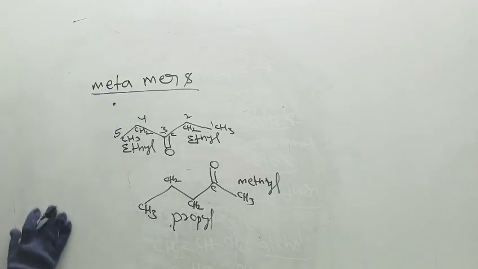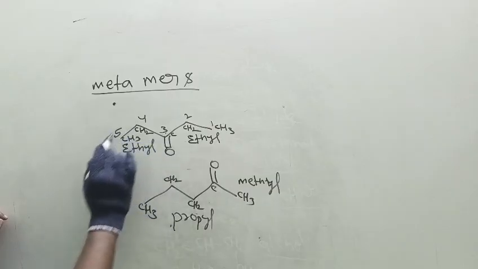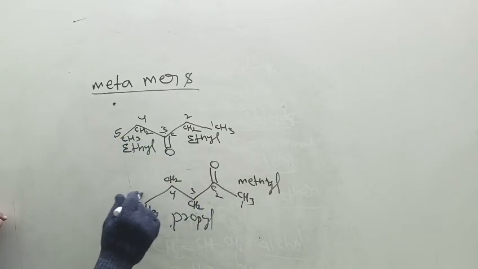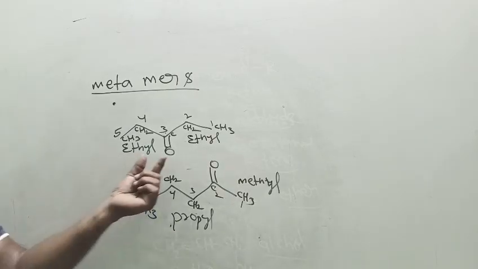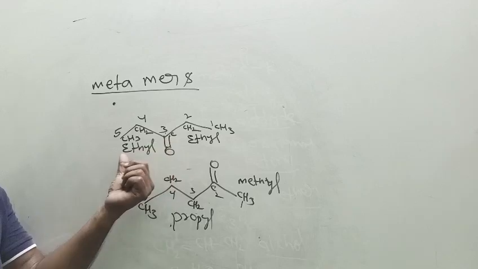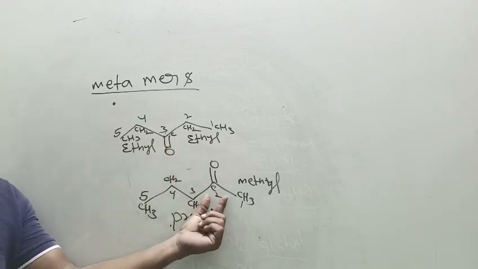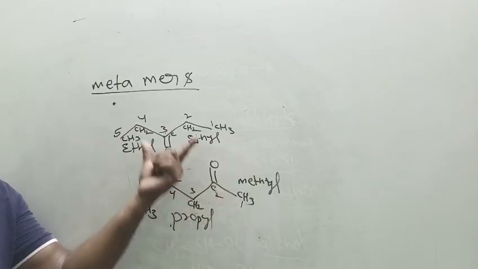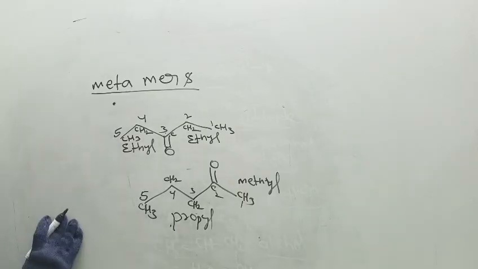Metamers are the isomers having the same molecular formula. Here 1, 2, 3, 4, 5, 5 carbons are there, and here also 1, 2, 3, 4, 5 carbons are there with the same molecular formula. But this functional group has ethyl on both sides, whereas in this compound the functional group has methyl on one side and propyl on the other side. Differing in their alkyl groups bonded to the functional group are called metamers.